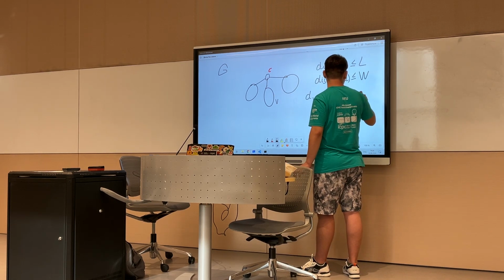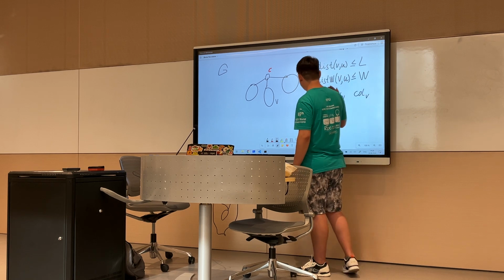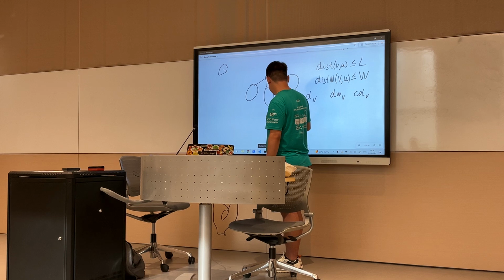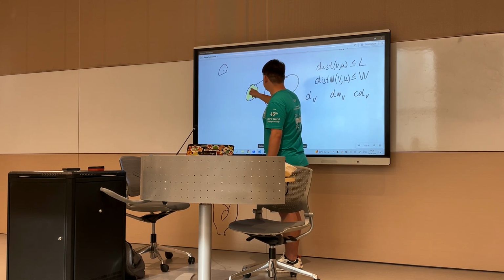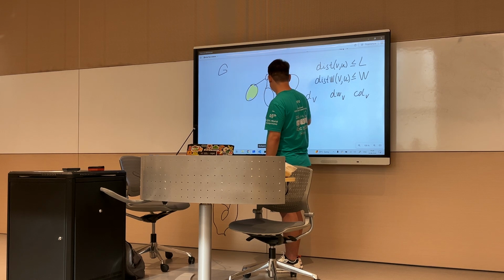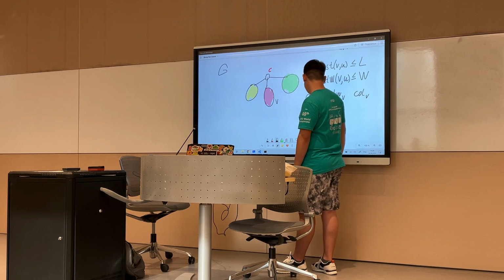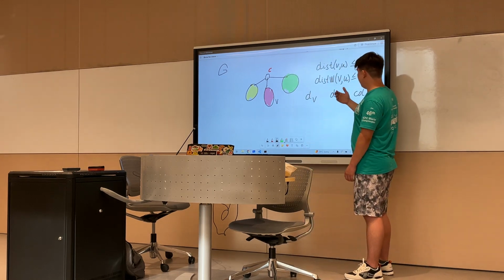Let's call that color. Every subtree has its own color: the first subtree is yellow, the second subtree is red or pink, and the third subtree is green. Yes, we need to store three variables for every V.